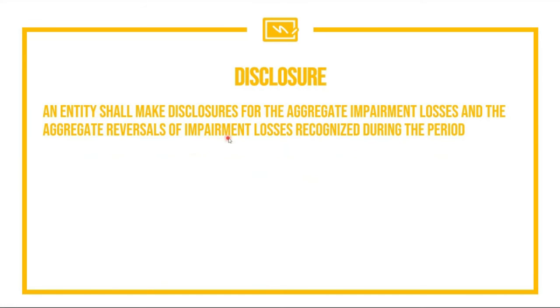An entity shall make disclosures for the aggregate impairment losses and the aggregate reversals of impairment losses recognized during the period. So basically, you are asked to provide the details and then finally to provide the totals. So this is actually very easy because if you can indicate the individual results, you simply add the totals and then you disclose it in your notes.